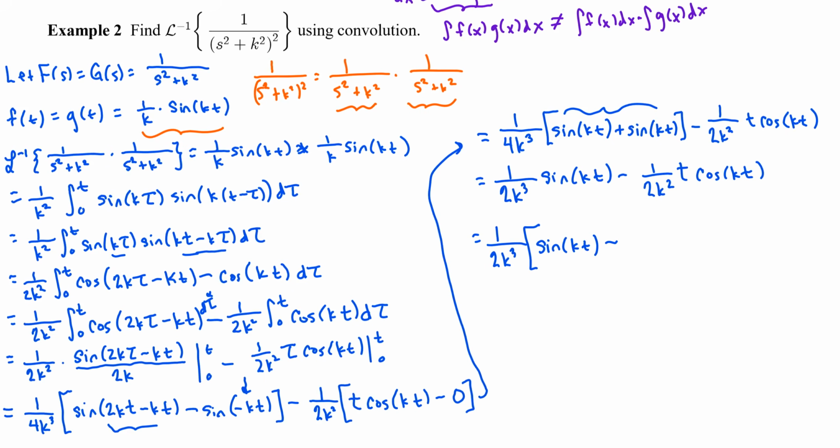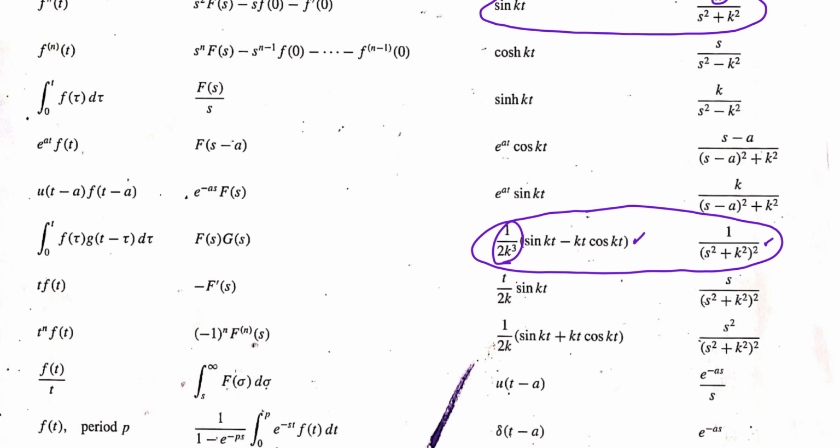Now, the only thing missing in this denominator is a factor of k. So I'm going to multiply the top and the bottom by k, and we end up with kt cosine kt. Okay, so let's compare this to the result. Sine kt minus kt cosine kt with the correct factor outside.